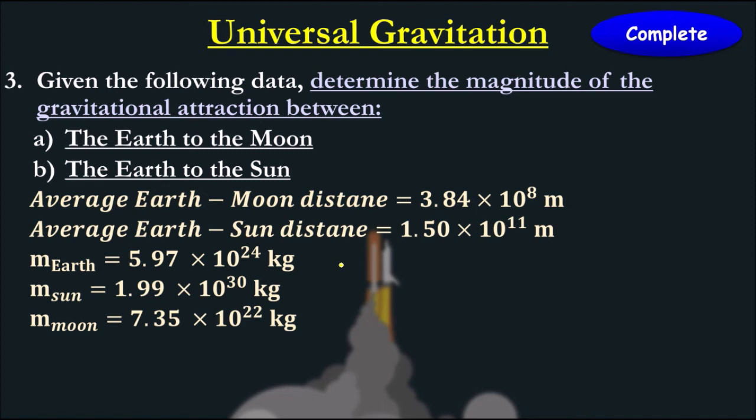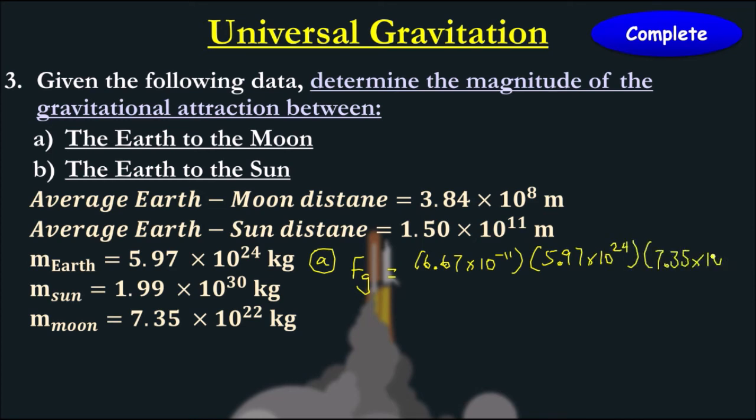Okay, so the gravitational attraction, let's do A here, is 6.67 x 10 to the power of negative 11 times the mass of Earth times the mass of our moon, divided by the distance of separation from the centers of the 2 celestial objects squared.